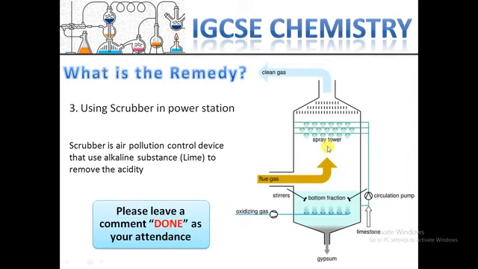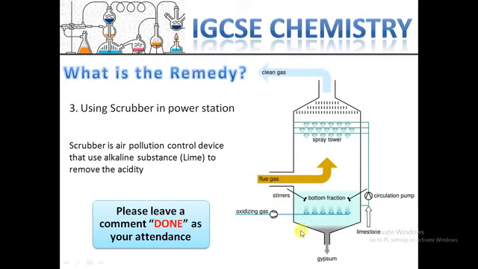But what happens after spraying the lime? The lime reacts with the fuel gas, and some of it falls down to the bottom of the scrubber, and it will produce gypsum.